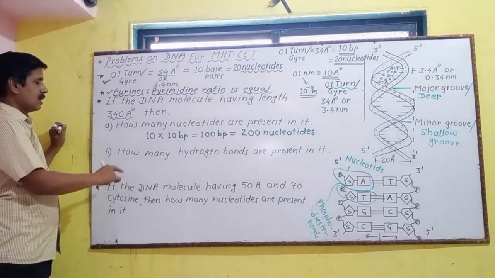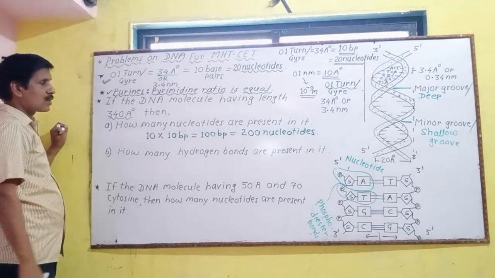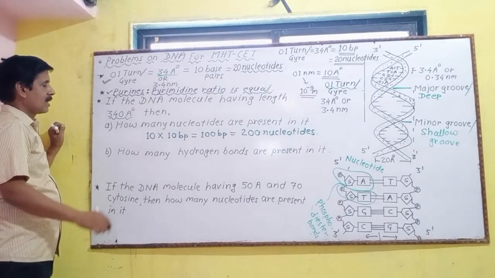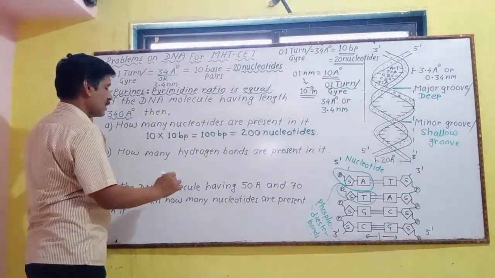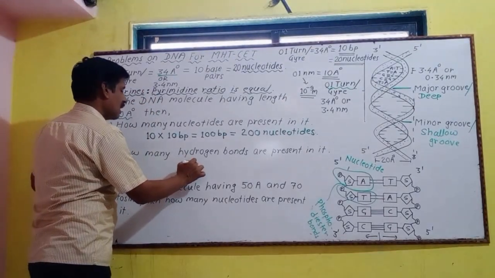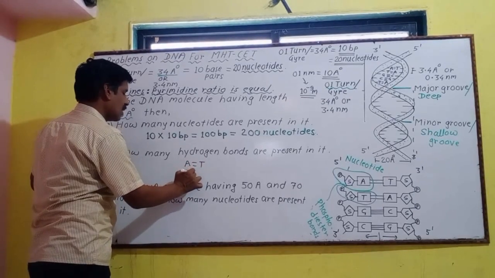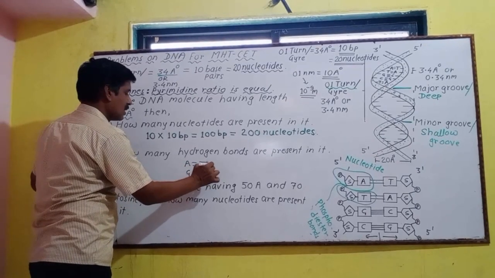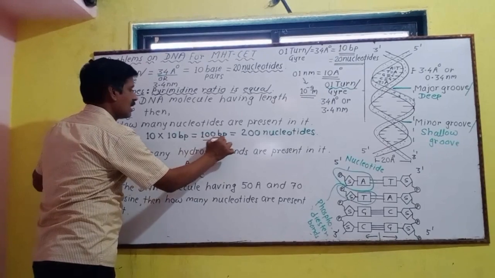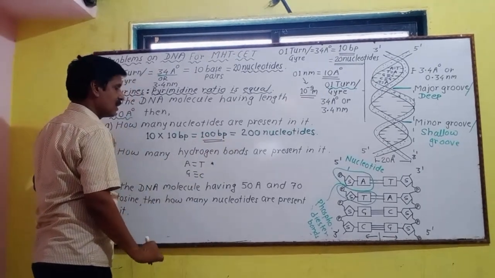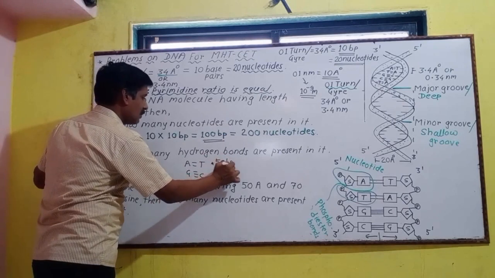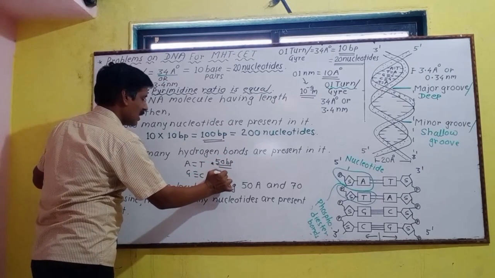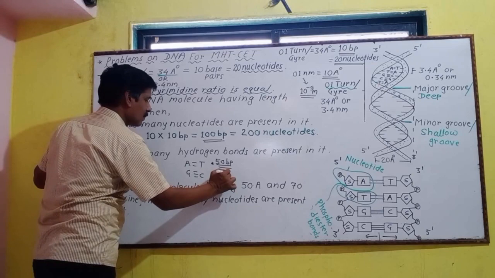Okay. Then the second question, how many hydrogen bonds are present in it? As there are 10 turns, means adenine and thymine and guanine and cytosine. Here 100 base pairs are present, means 50 base pairs are adenine and thymine and 50 base pairs are guanine and cytosine.